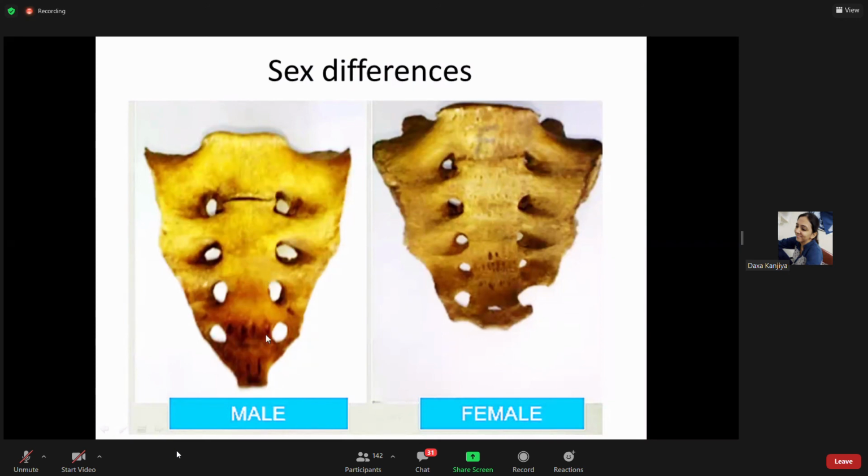If you see the curvature of the ventral surface in the male, it is uniform. But in the female, the lower part of the ventral surface of the sacrum is more concave. Here you can see the concavity is more in the lower part of the female sacrum.